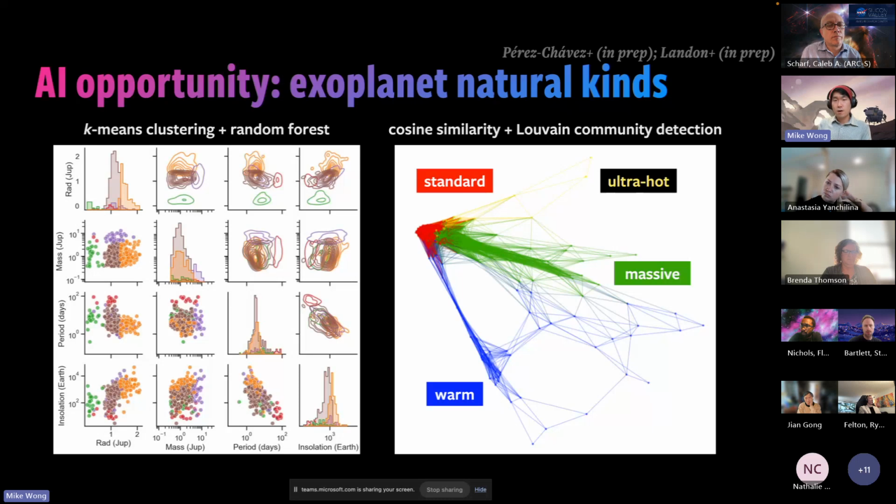And so our students, Jose Perez Chavez and Matthew Landon, have been using machine learning to discover data-driven categories for different kinds of hot Jupiters using various techniques. And what we see is 4 to 5 different categories of hot Jupiters jump out at us, which could hint at different formation mechanisms for these planets, or at the very least, give us more rigorous definitions for differentiating, say, between a hot Jupiter and an ultra-hot Jupiter and a warm Jupiter.